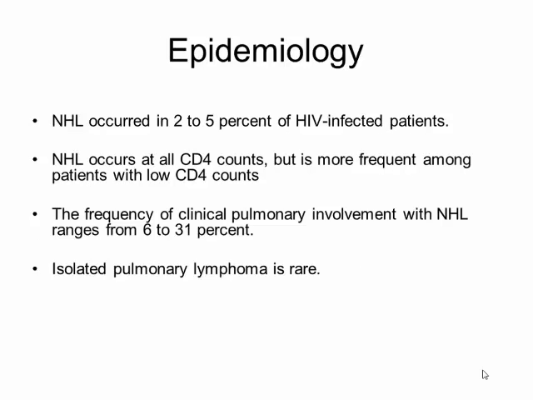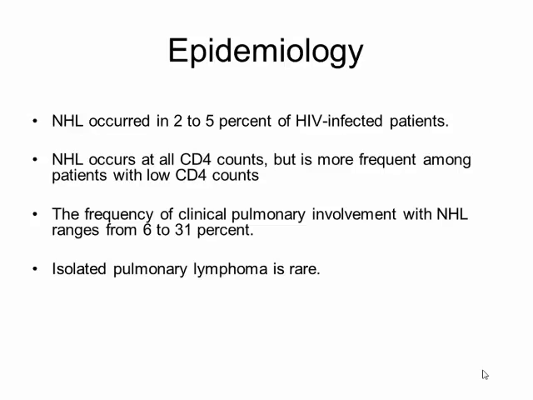The epidemiology is that 2 to 5% of HIV patients might get non-Hodgkin's lymphoma. It occurs at all CD4 counts, as I said. It's been reported at all CD4 counts, but most frequently with less than 200. The frequency of pulmonary involvement ranges from 6 to 31%, so it's very variable.